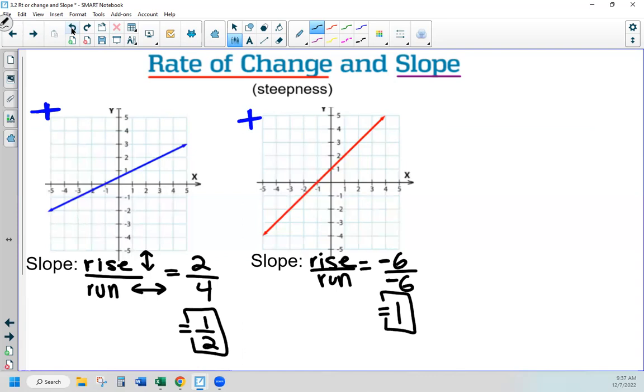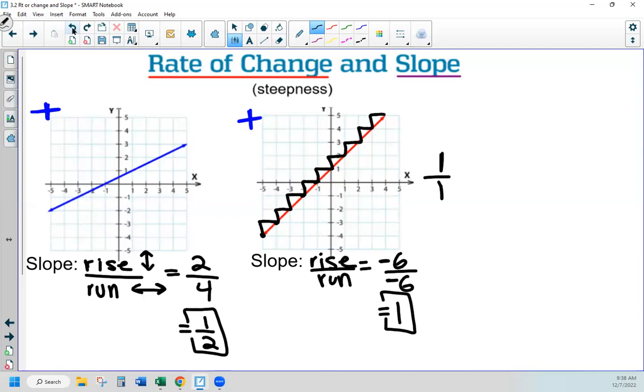Now, just to finalize this idea, I want to show you once again how this line is made up by this slope. I always want to look at slope like a fraction. Even though the slope is 1, I'm going to make it 1 over 1 so I can teach you something. This line is made up of 1 over 1 because it is made up of going up 1 to the right 1, up 1 to the right 1, up, right, up, right, all by ones.